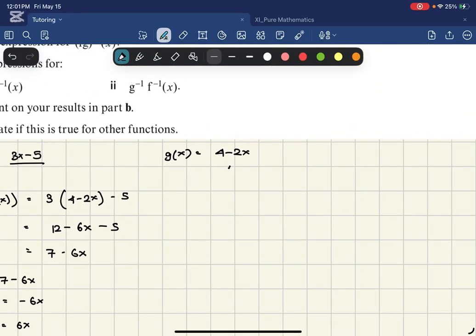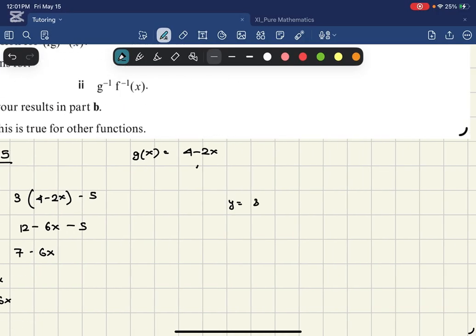Now I need to find g inverse composed f inverse of x. All right, so first of all, let's find f inverse of x. f of x is 3x minus 5, sorry. So (y + 5)/3 is going to give me x.